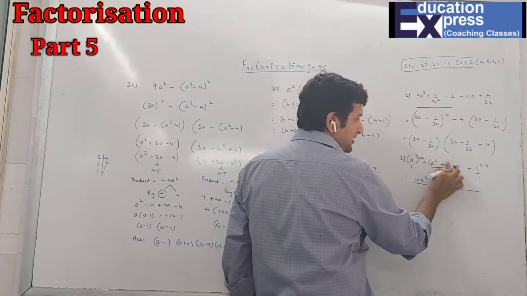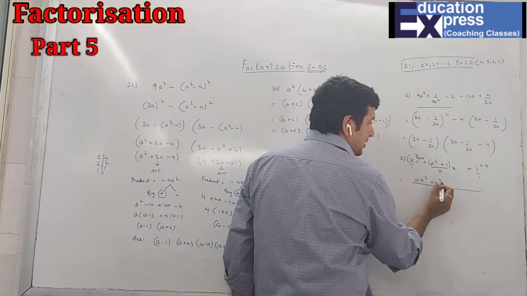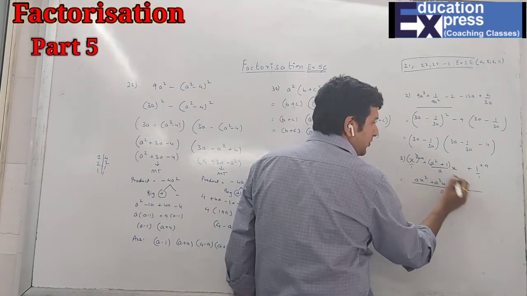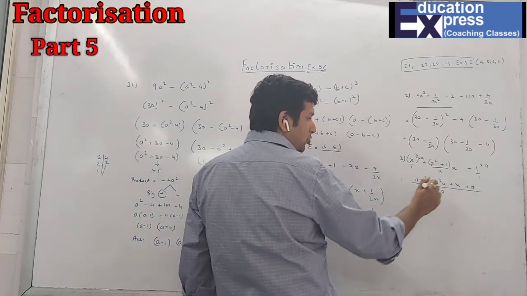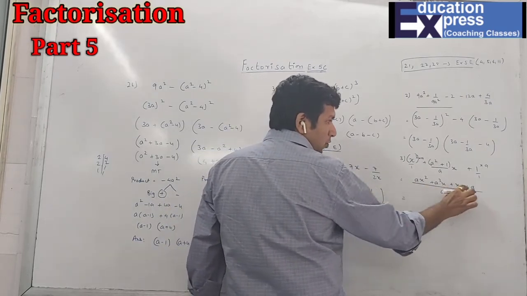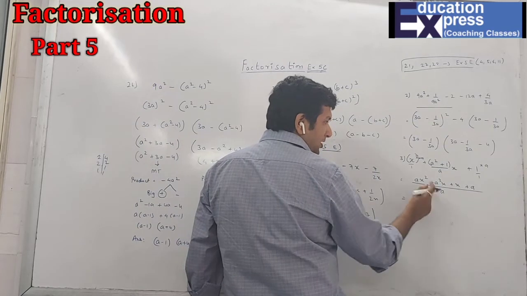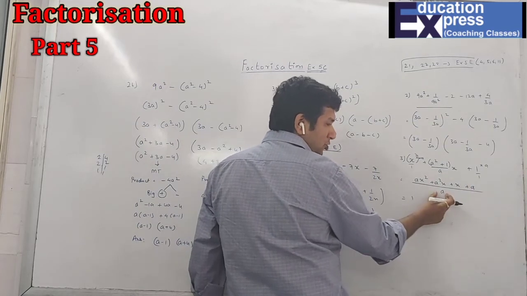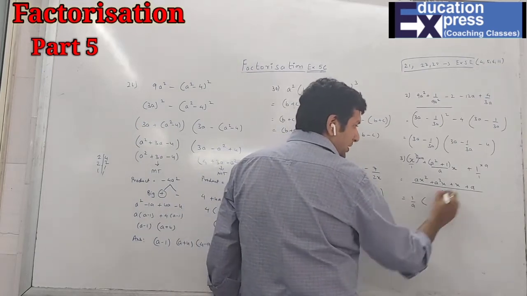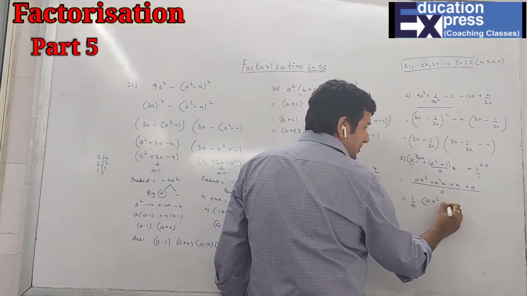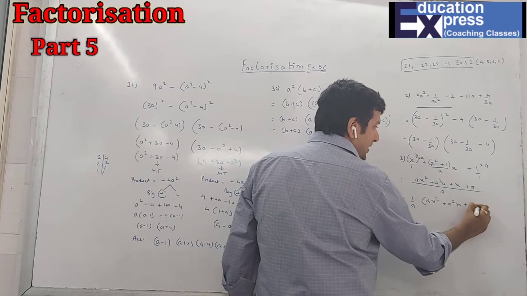If I open this, x into a square is a square x, plus x into 1 is x, and plus a. Now in the numerator, is there anything common? No. So I can take 1 as common, and in the denominator everyone has the same a. So I can take 1 upon a as common. Now what is left? Only ax square plus a square x plus x plus a.